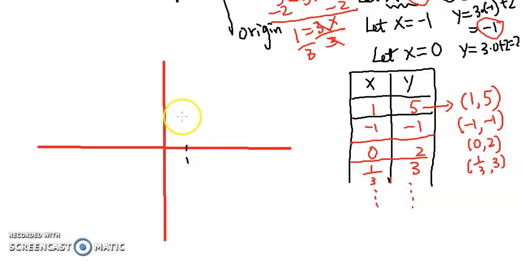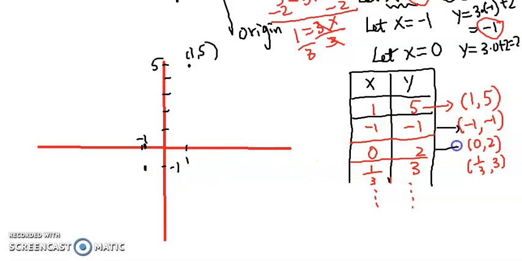You're going to go up 1, 2, 3, 4, and 5. Over 1, up 5. So that's 1, 5, the first point we got. -1, -1. So x equals -1, and y also equals -1. So we go left 1 and down 1.